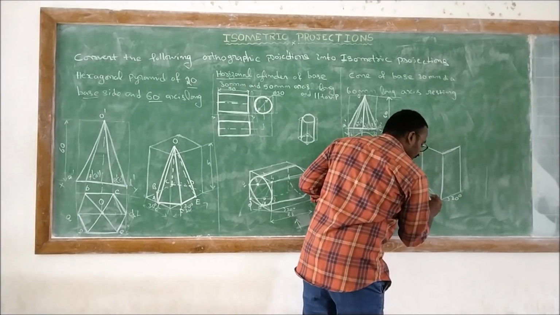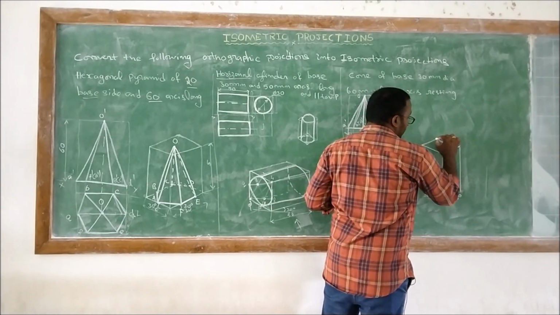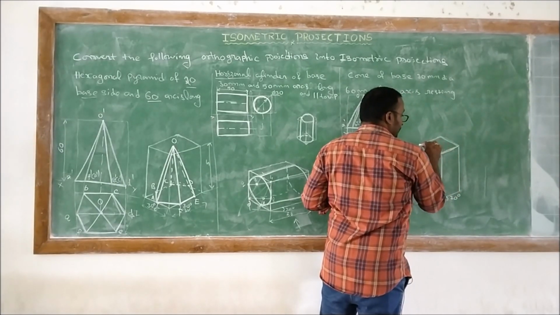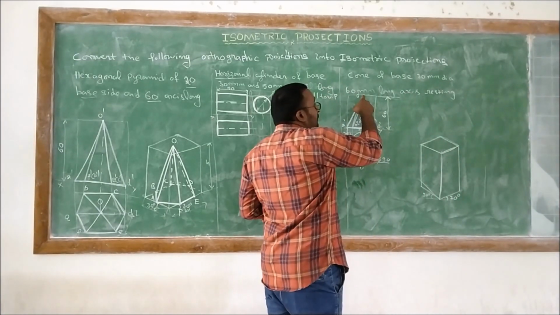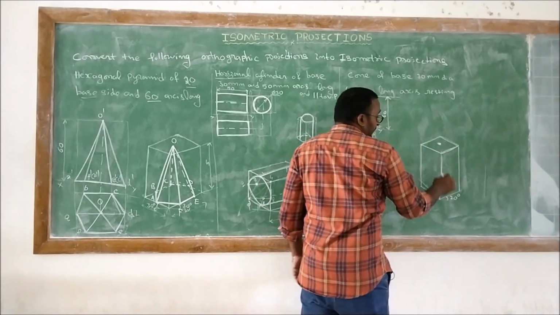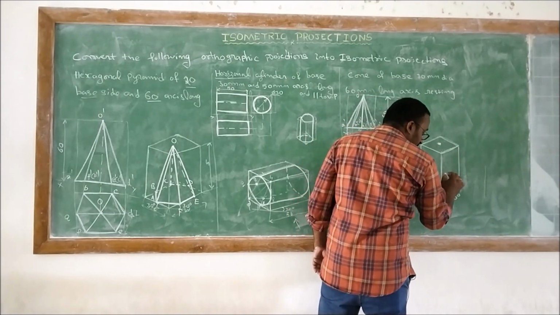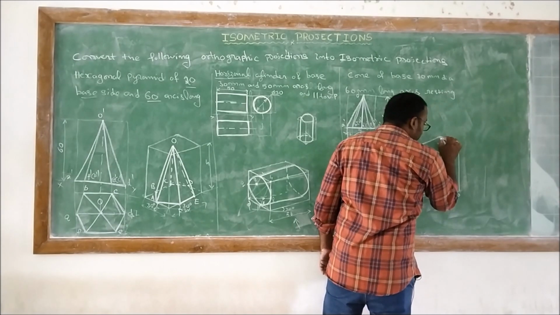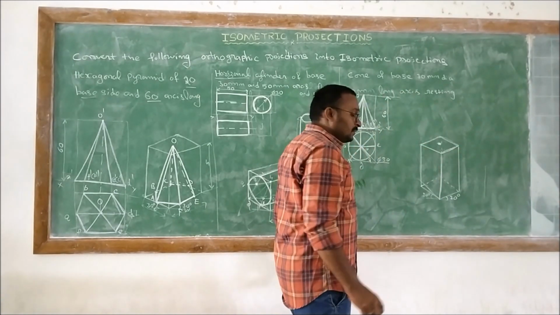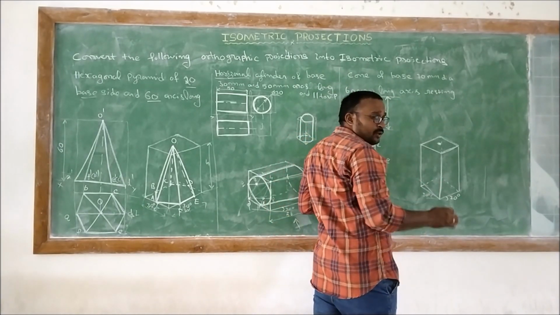30, 30, right? Then you need to mark that center point exactly at the center. Then here on the bottom side we will get the top view, and here also we must follow the 4 center method.